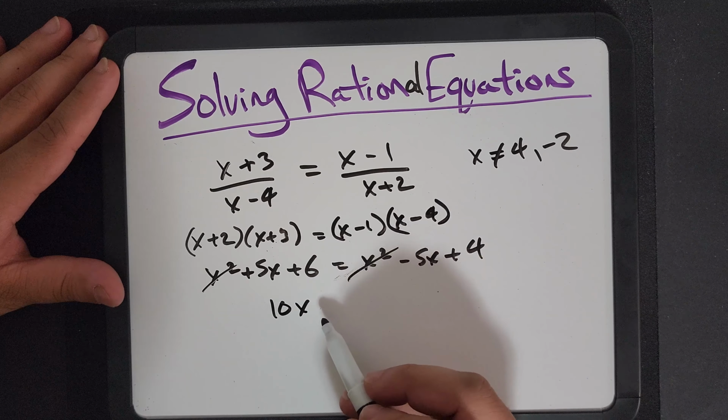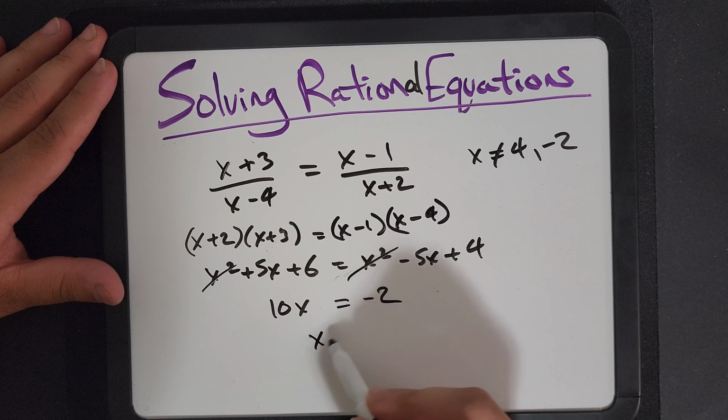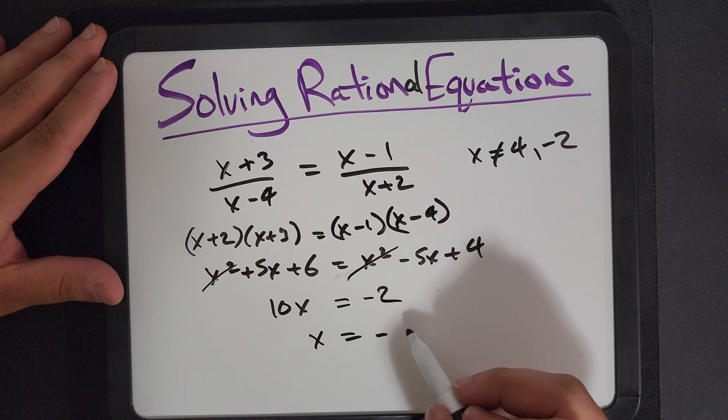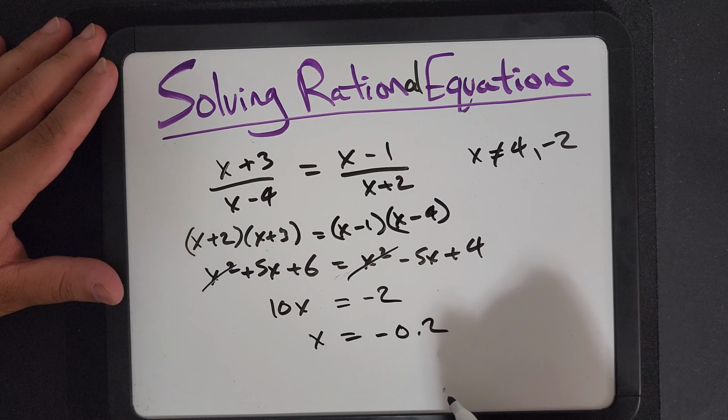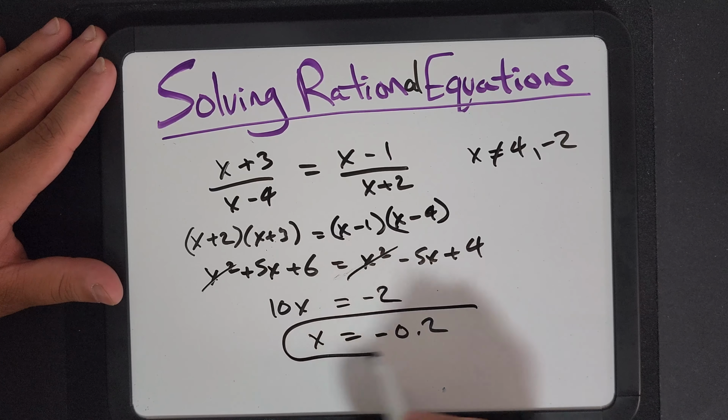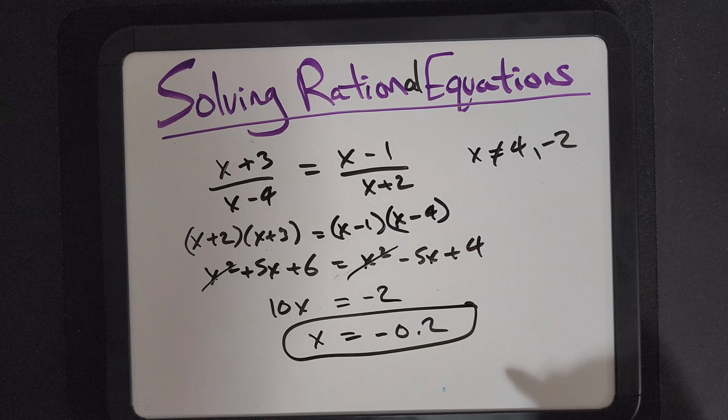So we have 10x equals negative 2, so x equals, divide 2 by 10, we get negative 0.2. So that is our solution there.